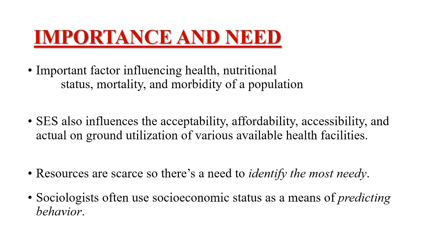Socioeconomic status also influences the acceptability, affordability, accessibility, and actual on-ground utilization of various available health facilities. Resources are scarce, so there is a need to identify the most needy. Sociologists often use socioeconomic status as a means of predicting behavior.